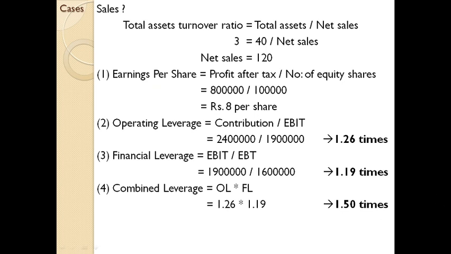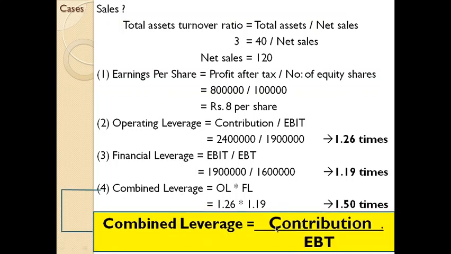There are two equations for finding combined leverage. Always familiarize the two equations. Usually for computing combined leverage, you need to compute operating leverage as well as financial leverage. The other equation for finding the combined leverage is contribution divided by earnings before tax. Remember this equation also.